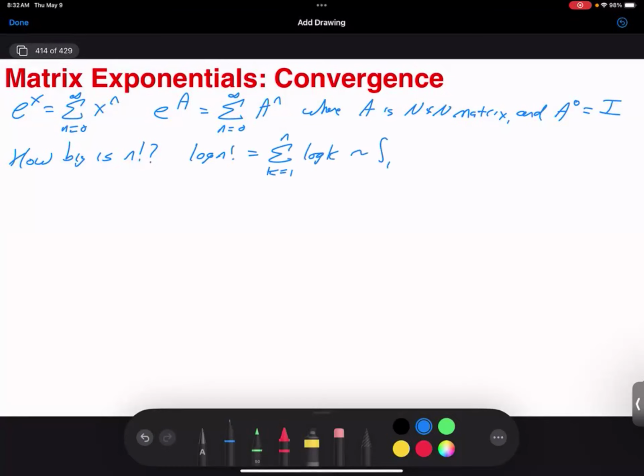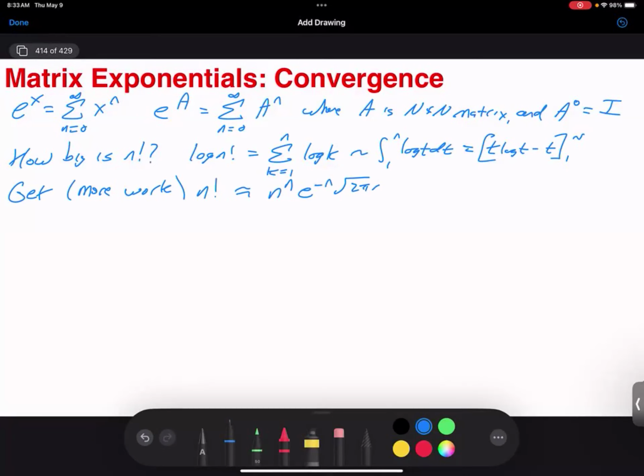That's about the integral from 1 to n of log of t dt, which is t log t minus t. Evaluate this at 1 and n. And so when the dust settles, with more work, you get that n factorial is approximately n to the n e to the minus n square root of 2 pi n.